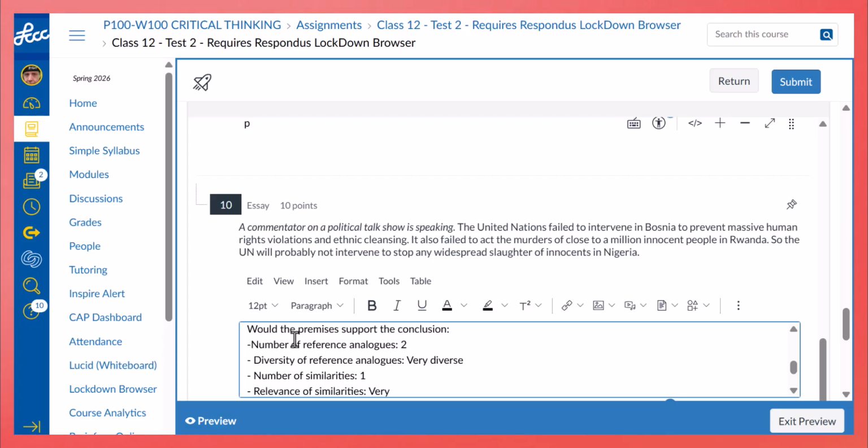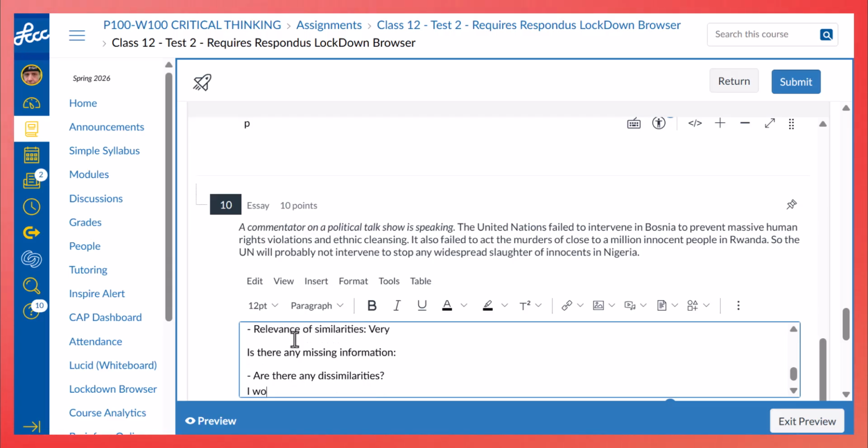Relevance of similarities, very missing information. I would need to know more about the particular situation being referred to before I find any dissimilarities.